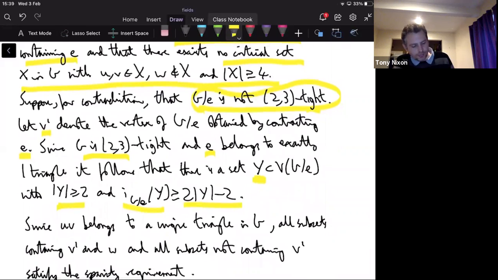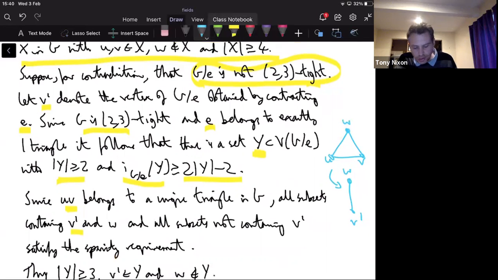Okay, so since UV is in a unique triangle, all the subsets containing V dash and W, remember this is W, this was UV, and now it's W and V dash after the contraction, and all subsets not containing V dash satisfy the sparsity requirement because they just exist in G, or if it contains W as well, you lost 2 edges and 1 vertex, so they're all fine.